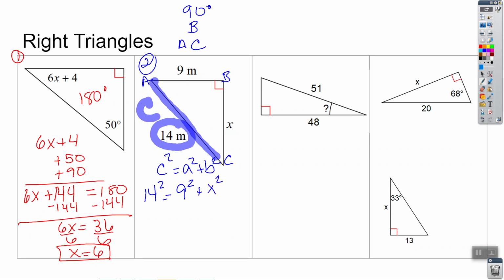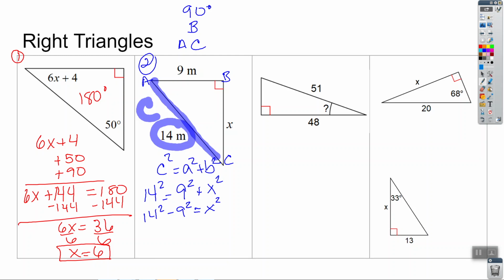And if I wanted to solve that, I would take 14 squared, subtract 9 squared, and that equals x squared. I can continue to do the math with my calculator, but we're not going to waste time. Let's move on to the next one. Now, I have 2 sides, but it doesn't want the third one, so I'm not dealing with only sides.